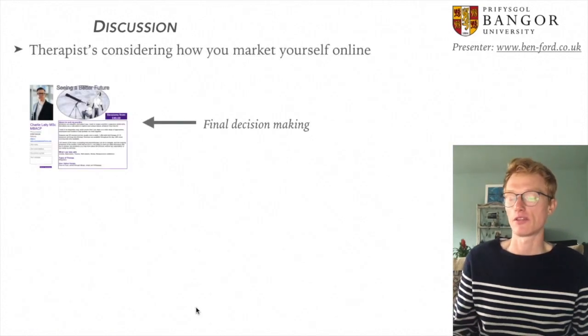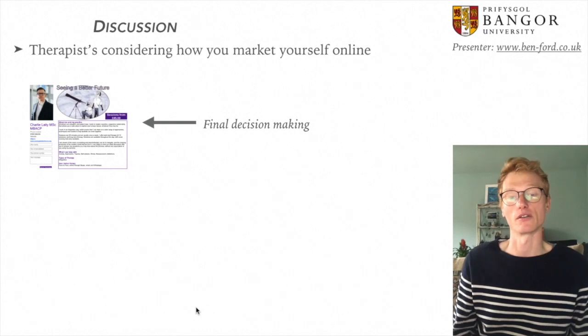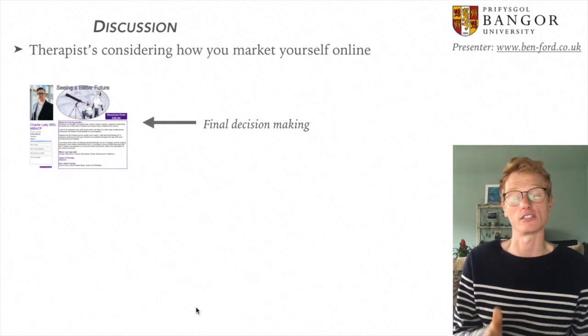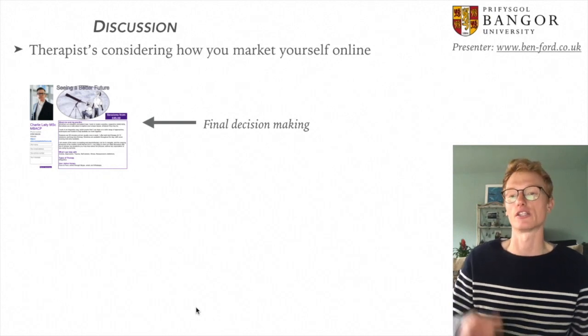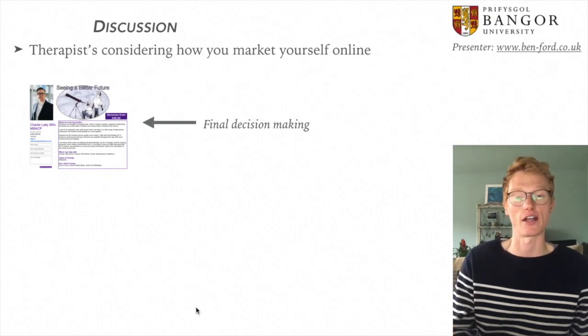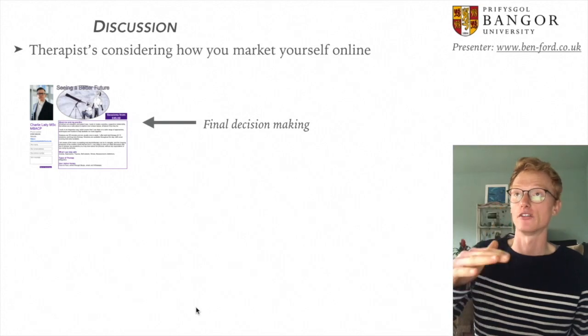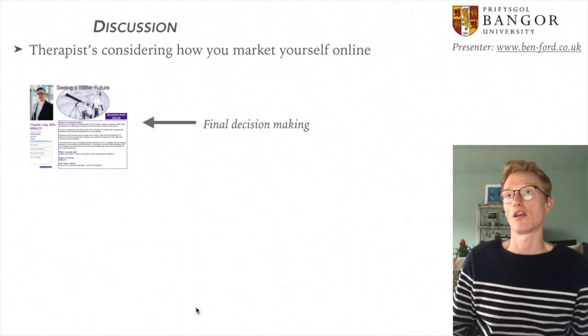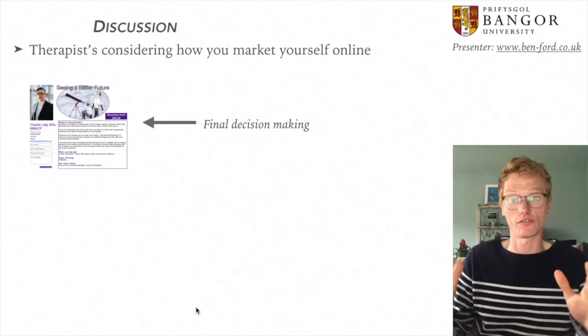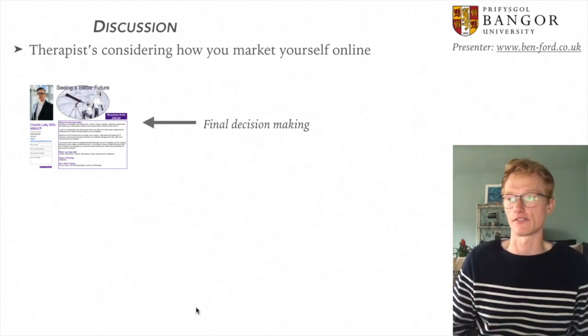Embedding the priming within the therapist's logo in the real world actually tells us more about the final decision-making process that goes on. Because when you look at the journey of going onto a therapist's directory, you're often shown lots of therapists' profiles. And so at the point at which you've got to the full profile, you've already made a series of decisions.